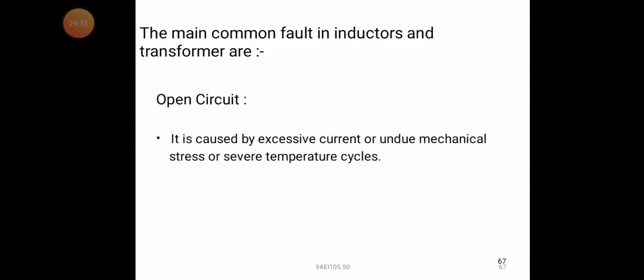If you apply more mechanical stress on the inductor or transformer, it may behave like an open circuit. Or severe temperature cycles: if the temperature is increasing and decreasing, that also causes the open circuit.